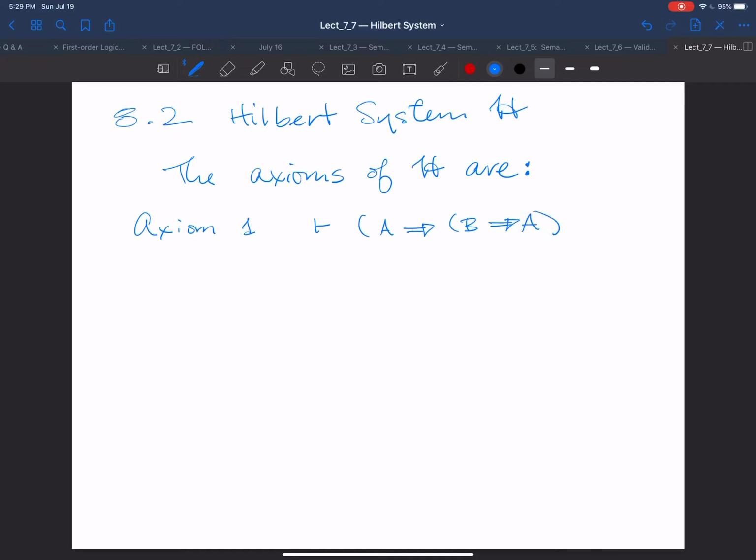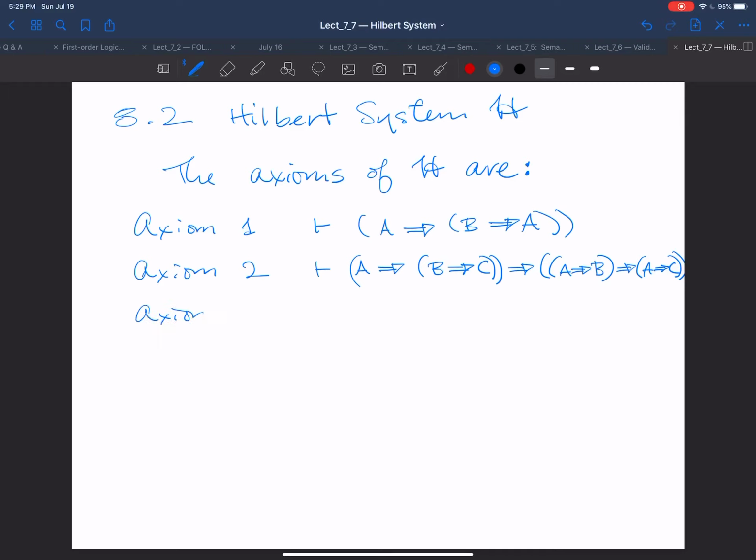The first then is A implies (B implies A) is an axiom. And the second is (A implies (B implies C)) implies ((A implies B) implies (A implies C)), as before.